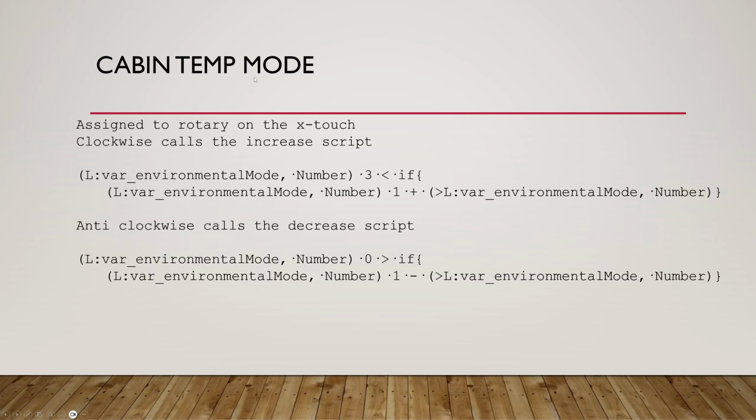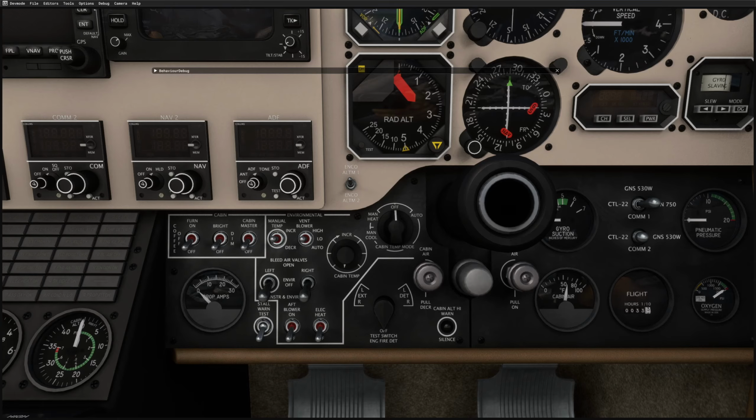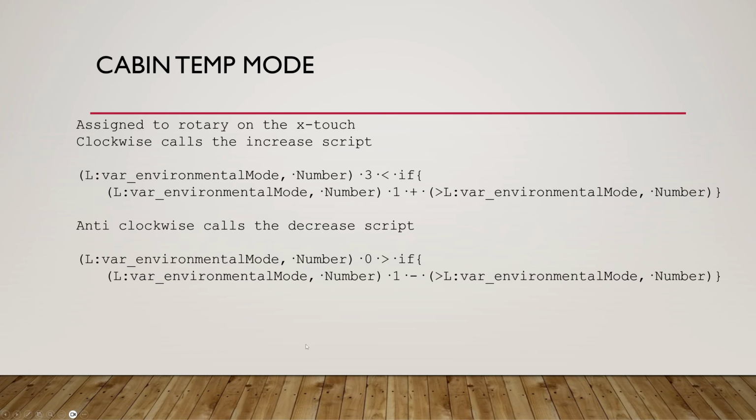The next one, of course, is the mode switch. It's this one here that flicks between the various states. So that's allocated in very much the same way as before, just on a different rotary. So we've got a clockwise and an anti-clockwise.